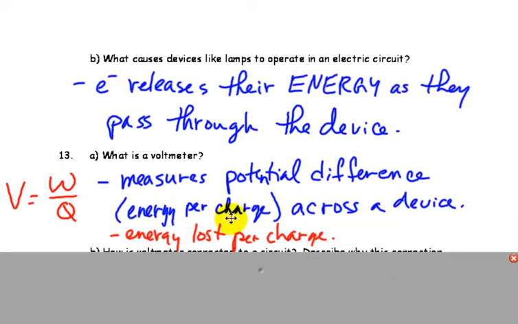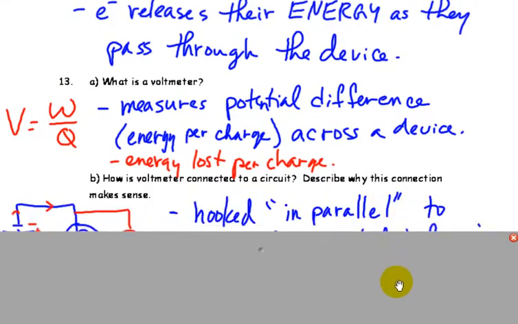So lastly here, the instruments used to measure voltages or current. A voltmeter is something that measures electric potential difference, or in layman's terms, voltage. So we're looking at the energy per charge, or the energy lost per charge as the electrons go through a device.